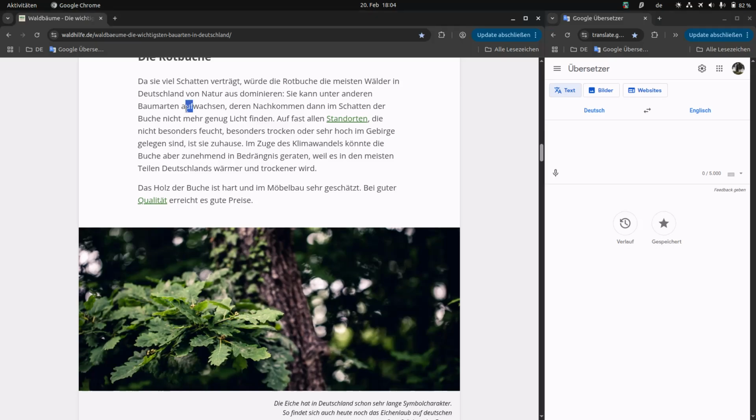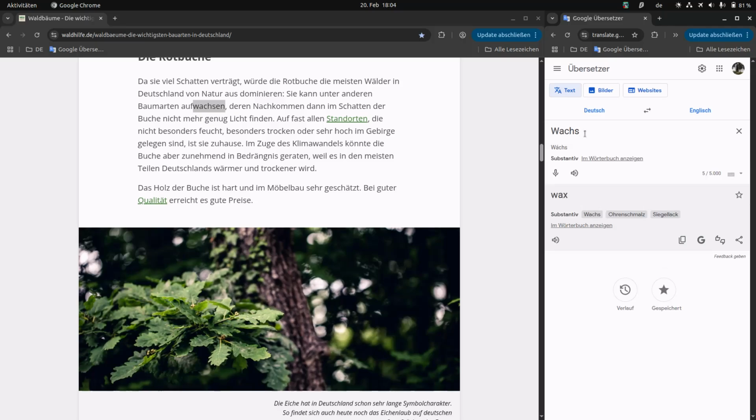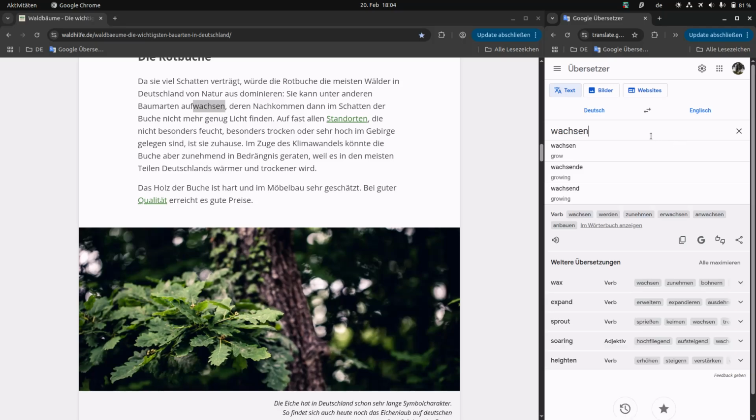Aufwachsen. Here we have the prefix auf, which indicates something to go up, because auf means up. And wachsen is not to be confused with the wachsen deriving from the word wax, not wash, wax. Wachsen means to wax in this way, in terms of legs, like body parts, to get rid of the hair.